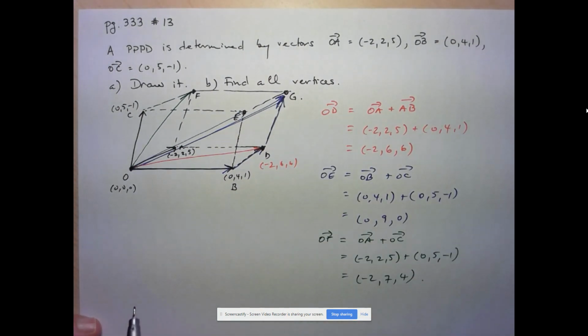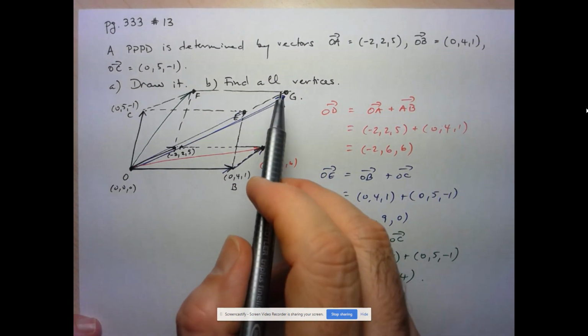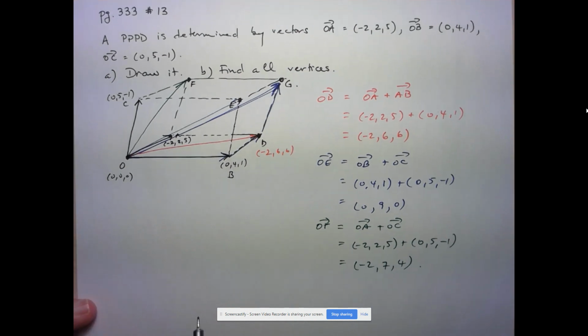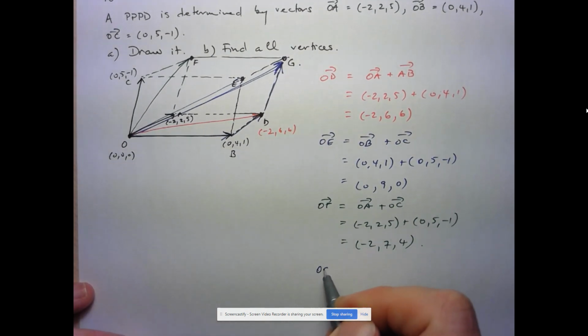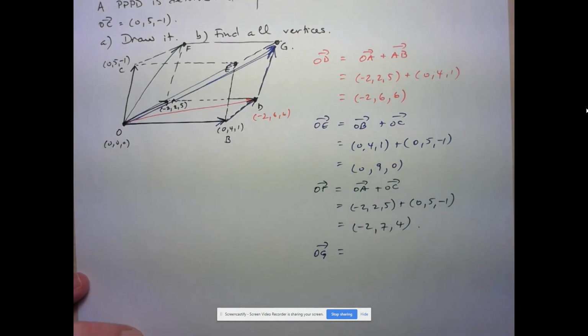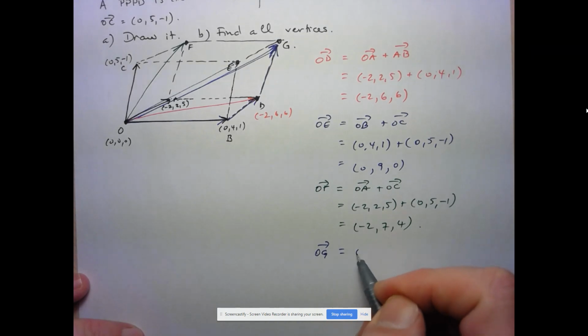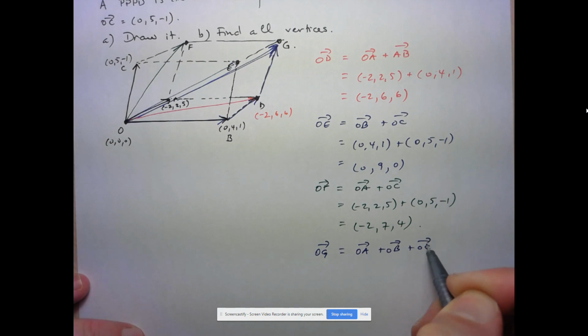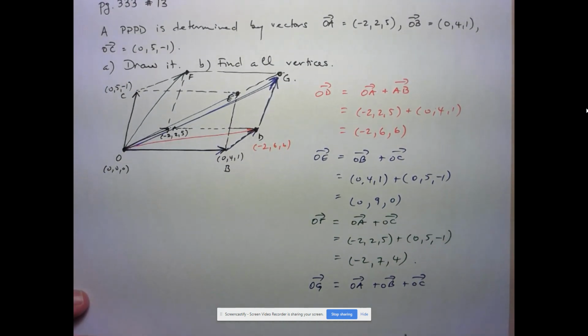It's the sum of the three vectors, which gets us to this opposite diagonal point from point O, so here OG. It doesn't really matter how we add them up, so I'll just add them in order, OA plus OB plus OC, due to the fact that vector addition is commutative.